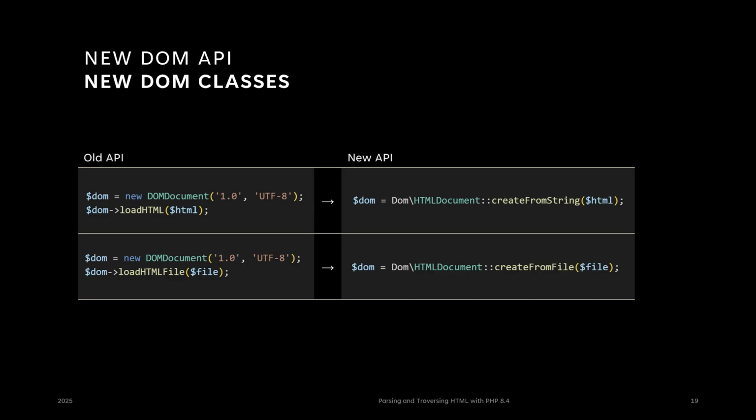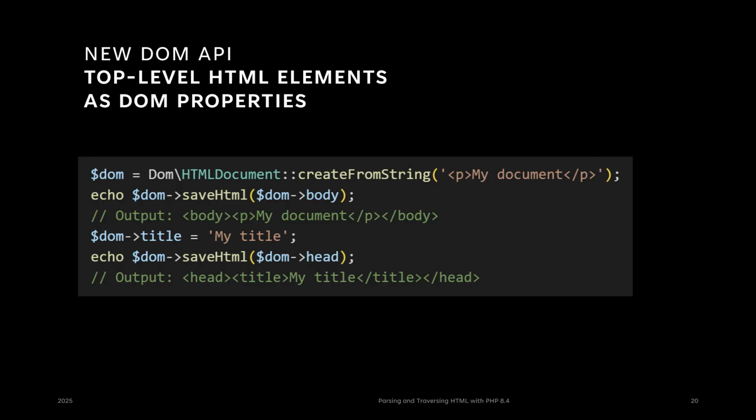The difference is that with the right-hand side, you'd be triggering the new parser, Lexbor, not libxml, and you'll get back the new DOM HTML document. Whereas you can still run the left, and you'll get back the old: using libxml and getting back DOM document as you did before.